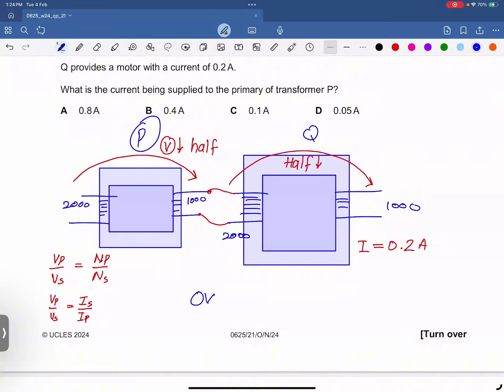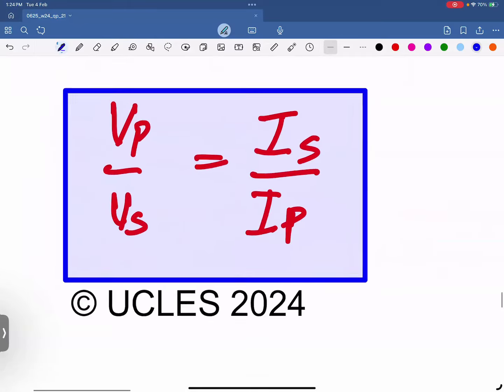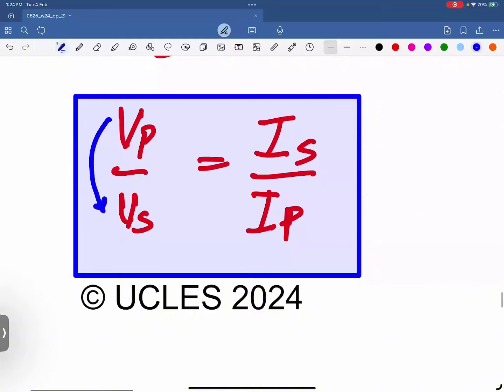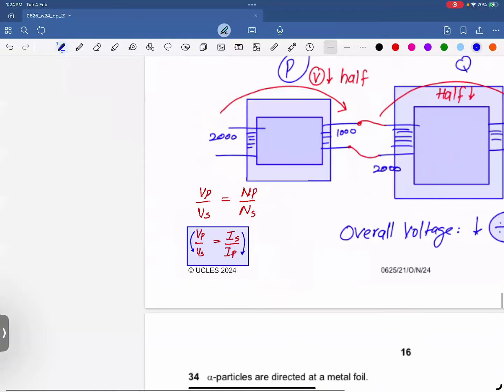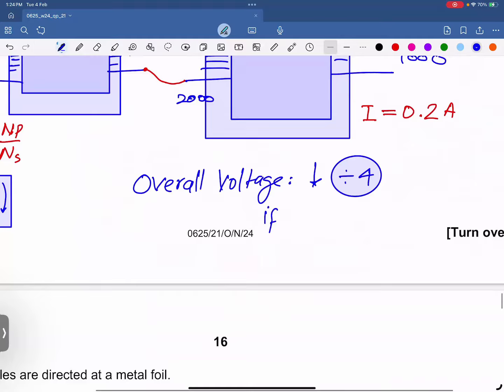So overall, the voltage is reduced to a quarter, or you can say divided by 4. Now, using this equation, the voltage ratio is opposite to the current ratio. So if voltage is stepped down, then current has to be stepped up.